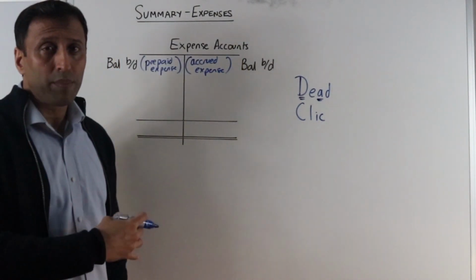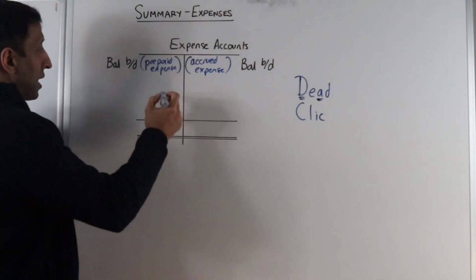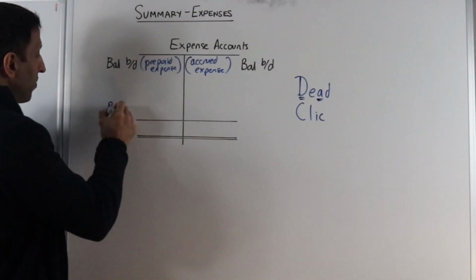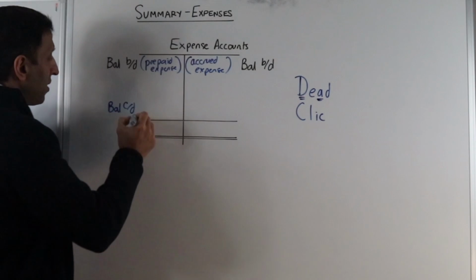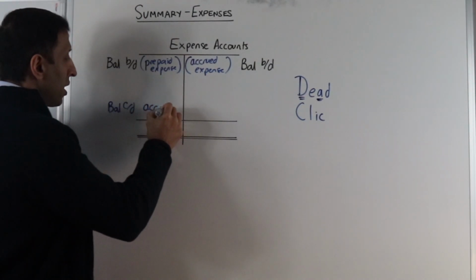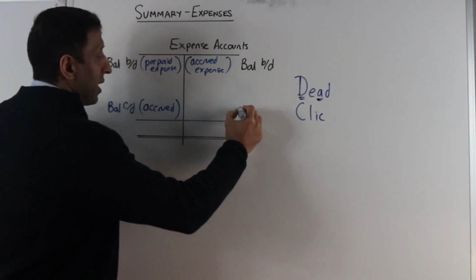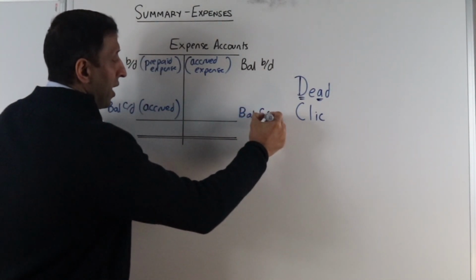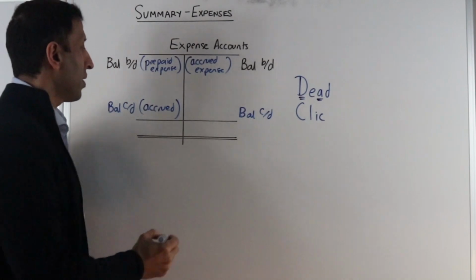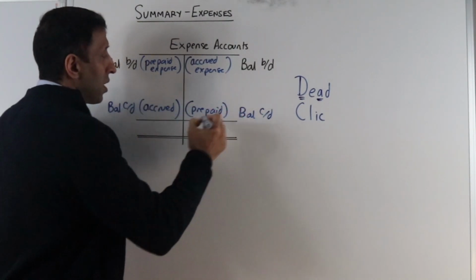Now we know brought downs are on the opposite side to carry downs. So if that was the case, then at the end of the year, balance carried down, if we had an accrued expense, it goes here, and at the end of the year, if we have a balance to carry down, which is a prepaid expense, that would go there.